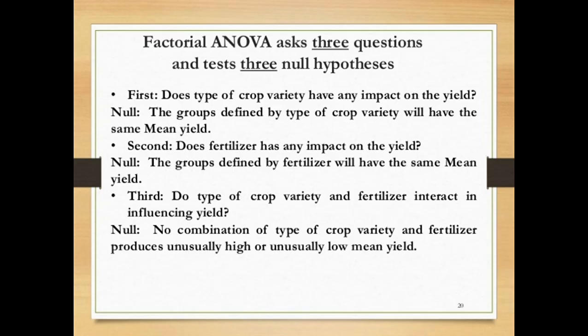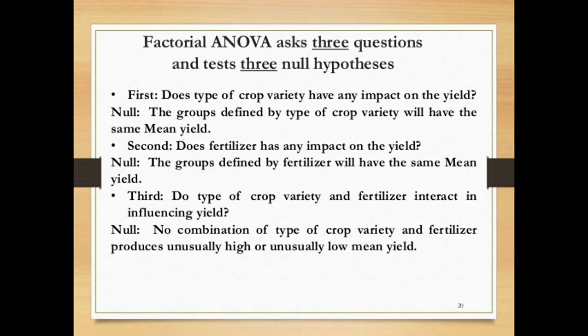Null: the groups defined by fertilizer will have the same mean yield. Third, do type of crop variety and fertilizer interact in influencing yield? Null: no combination of type of crop variety and fertilizer produces unusually high or unusually low mean yield. So factorial ANOVA has three questions and tests three null hypotheses.